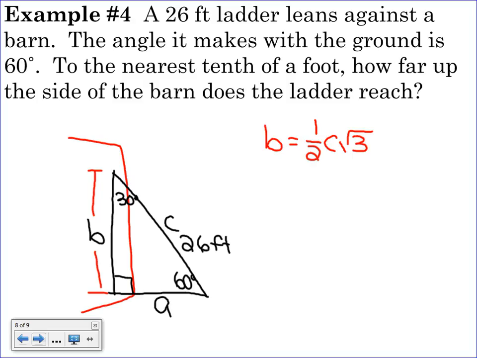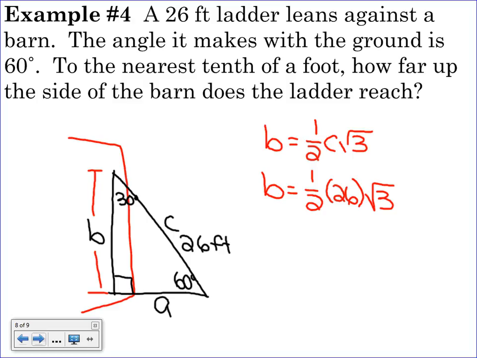Now, this looks scary, but it's not really all that bad. We know that C is 26 feet. So we have 1/2 times 26 times the square root of 3. Now you could plug that whole equation into your calculator and get the answer.